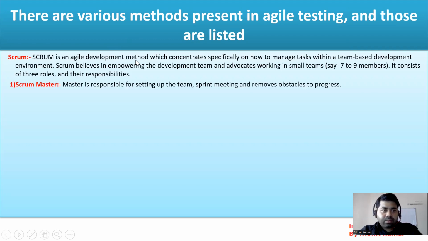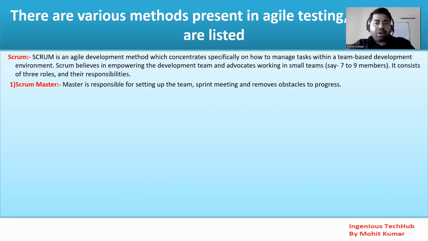There are various methods present in agile testing. Those are listed. One second guys. So we have Scrum. I told you, right? We have core roles while following Scrum and this agile methodology.